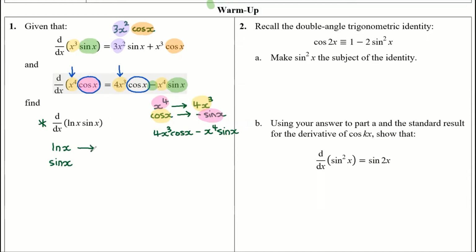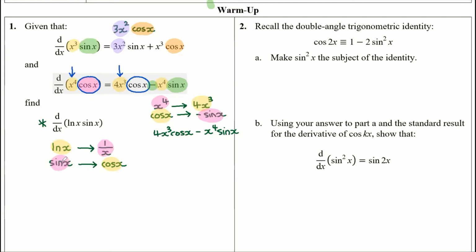So the natural log of x, as you know, differentiates to 1 over x, and sine x differentiates to cos x. Now, if I'm going to write down the answer, I need to pair these up. So I need to pair up the first function with the derivative of the second function. And I need to pair up the derivative of the first function with the second function.